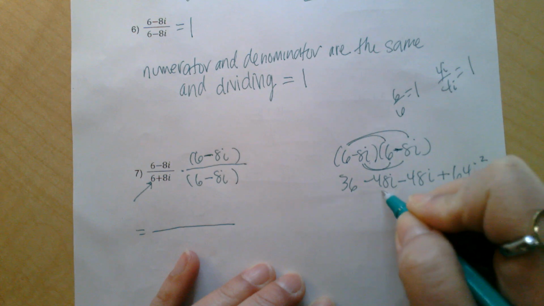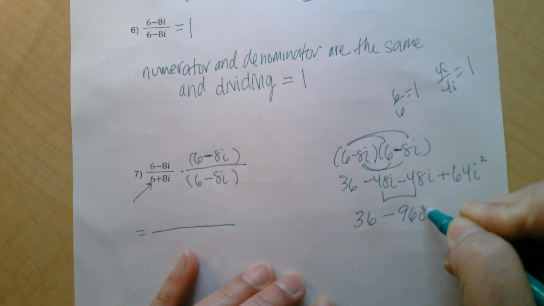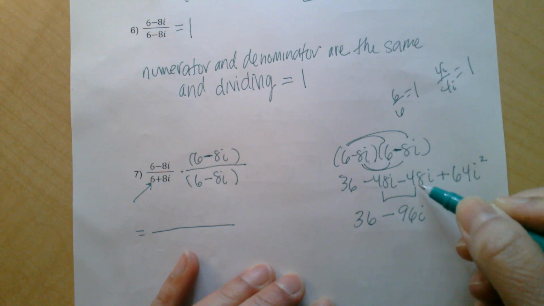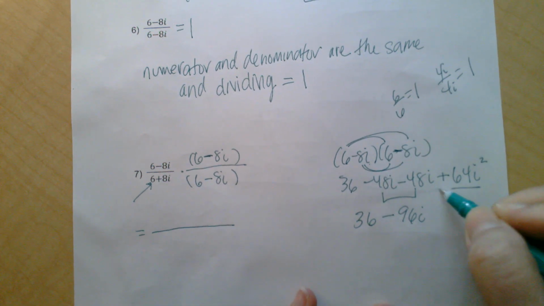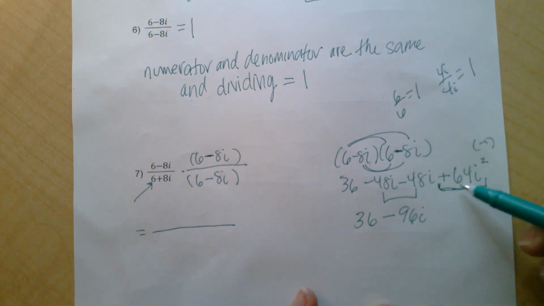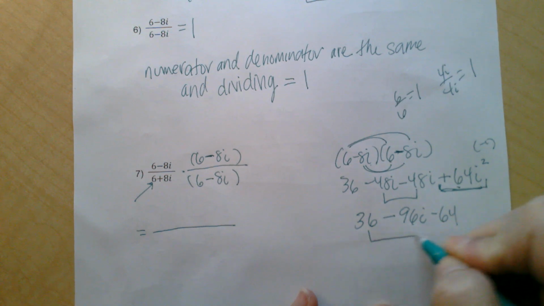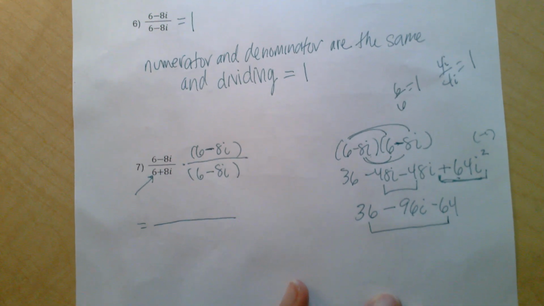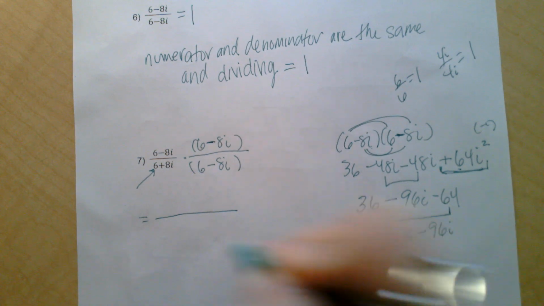Okay, let's combine some like terms. 36 minus 96i, negative 48i minus 48i gives you negative 96i's. This whole thing right here, because we have i squared, which is negative 1, is going to go from a positive 64 to minus 64. I will be able to combine those, so I have negative 28 minus 96i.